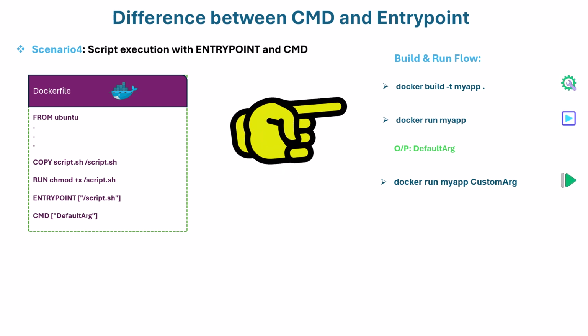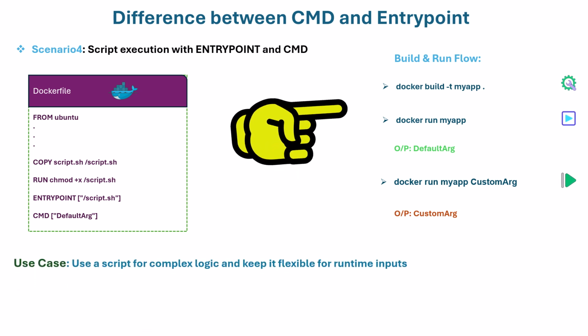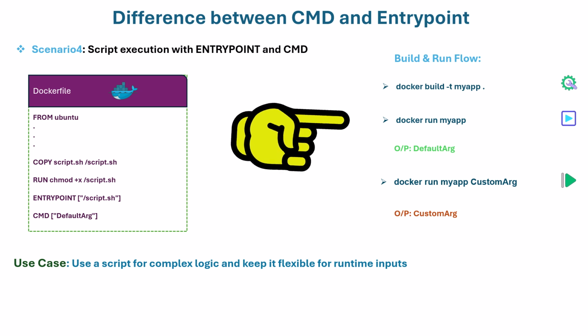So here the script still runs, but the arguments come from what you pass while running. This case is for when you have a script for complex logic and want to keep it flexible for runtime inputs.